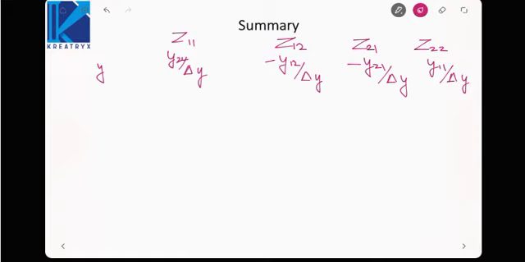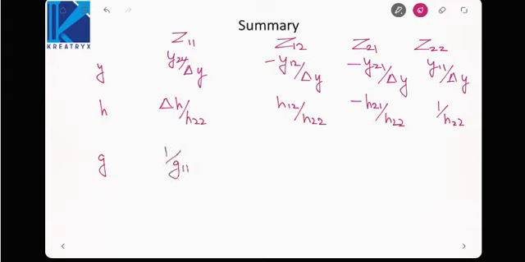Okay. In terms of H parameters, it is delta H by H22. It is H12 by H22. It is minus H21 by H22. Then 1 by H22. In terms of G parameters, it is 1 by G11, minus G12 by G11, then G21 by G11, then delta G by G11.